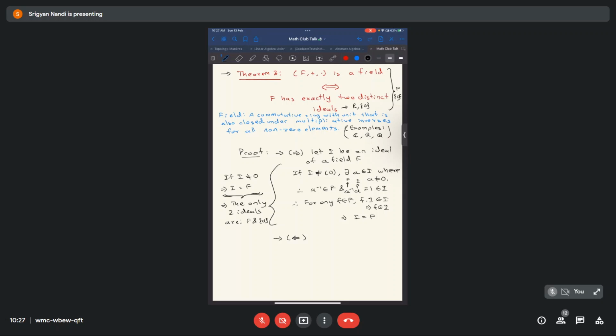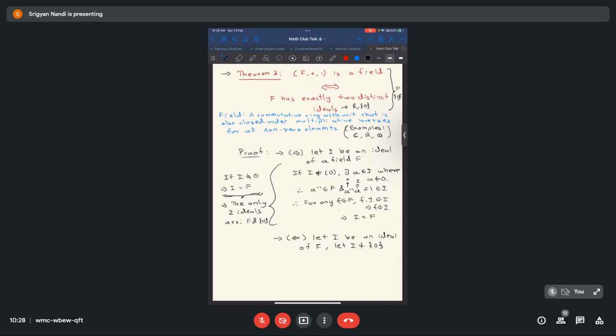So we assume that F has exactly two distinct ideals, right? So let I be an ideal of F. And again, we make the same hypothesis assumption. Since F has exactly two distinct ideals, and we have already discussed that they should be either F or 0, we can assume that I is not equal to 0, as assumed before.